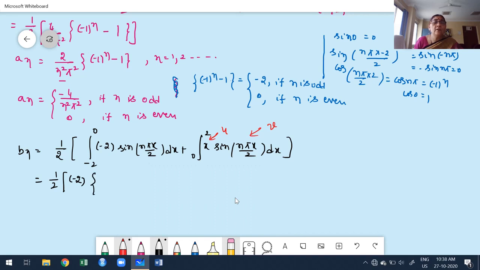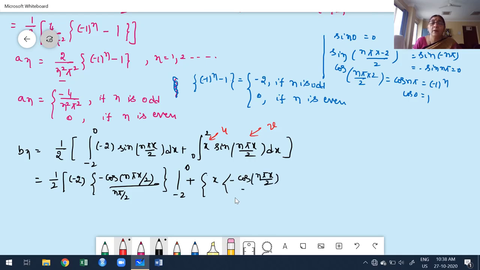What is the integration of sine? Minus cos(n pi x by 2) divided by the coefficient of x, n pi by 2, with limits minus 2 to 0. Now for this term, I have to use the UV rule or Bernoulli's rule: x into the integration of sine, minus cos(n pi x by 2) divided by n pi by 2.